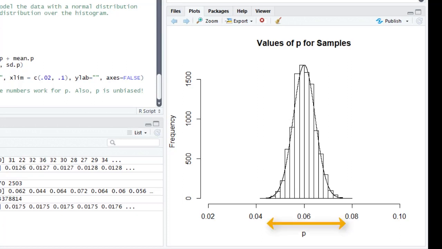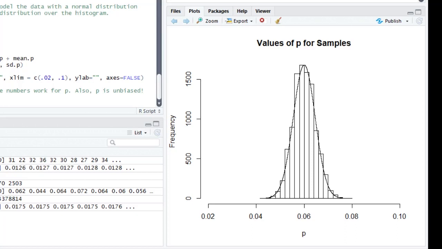It's about, say 0.045 to about 0.075. It's a much smaller range. So what happened when we took larger samples? The sampling distribution has less variability. So the law of large numbers works as well.